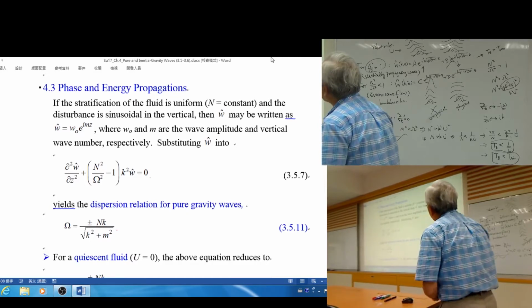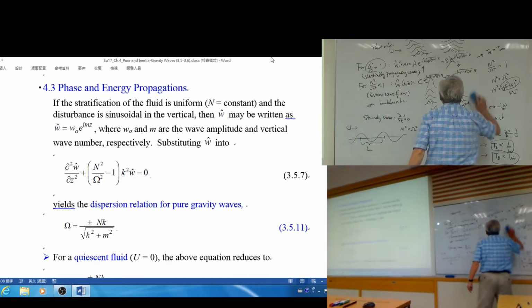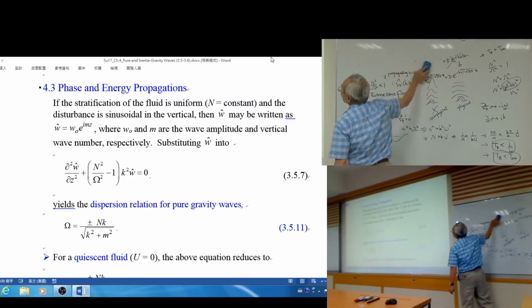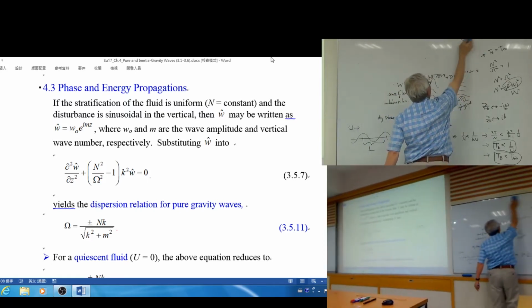So now next thing is let's take a look at this governing equation in the wave number space.